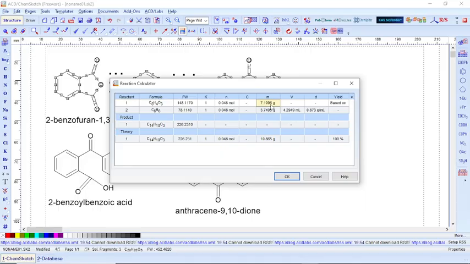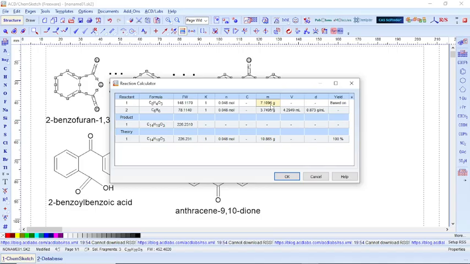ChemSketch only understands the quantity of the reactant you are using. So you can decide to use 100 ml of water or 50 ml of water to dissolve the solid. ChemSketch will not give account of the amount of liquid you are using, but it will give you account of the quantity in mass of the reactant.